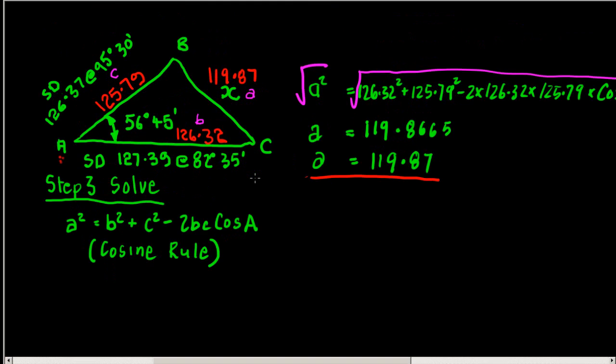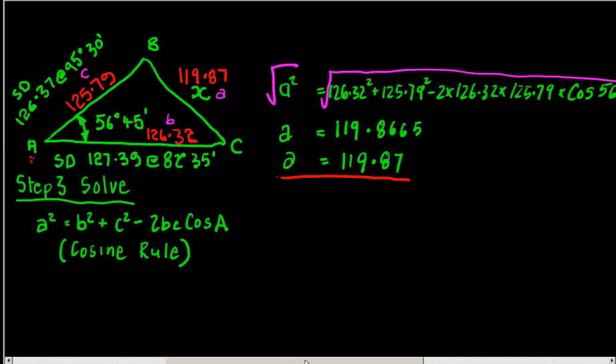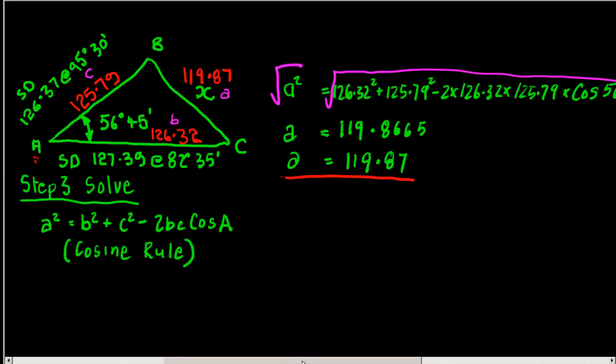Now, looking at this, we can see that we've got two distances, and we want to find the third. We've got two sides and the included angle, as it turns out. And that's the classic sign that you need to call on the old cos rule. So two sides and the included angle, cosine rule.